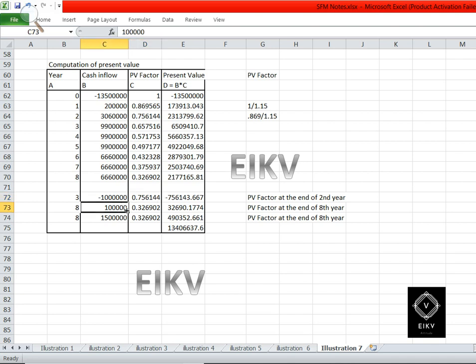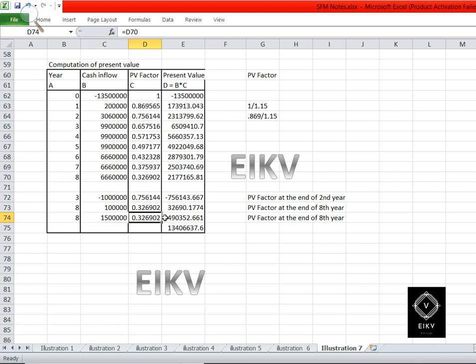Okay, after that in the 8th year we have a salvage value of rupees 1 lakh for the investment in new equipment at the beginning of the third year. So such amount is 1 lakh multiplied by the PV factor of the 8th year, and then we have a working capital of 50 lakhs which we need to recover at the end of the 8th year.